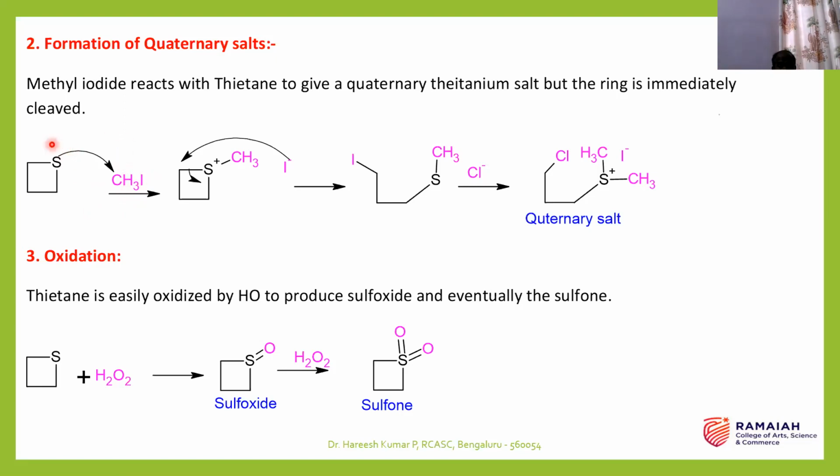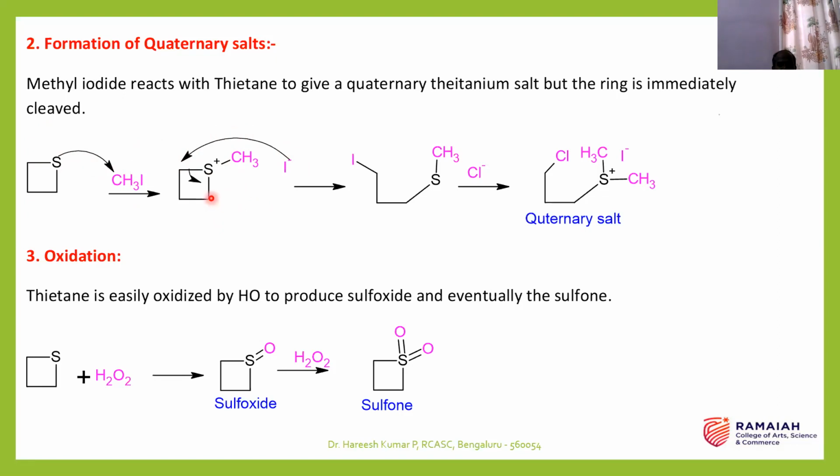The thietane sulfur atom has a lone pair, which can attack an electrophile, and here iodine will go out. There will be formation of the alkylated species. At this stage, iodide, chloride or bromide can attack this carbon as well as this carbon, because both are equivalent.